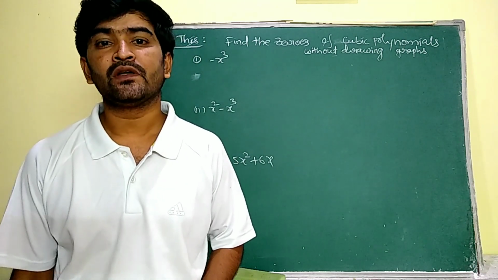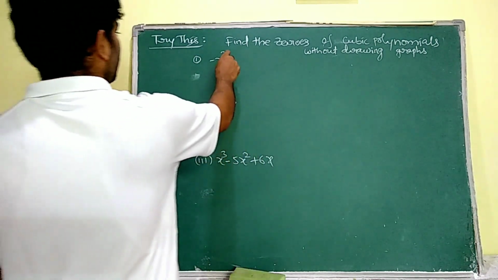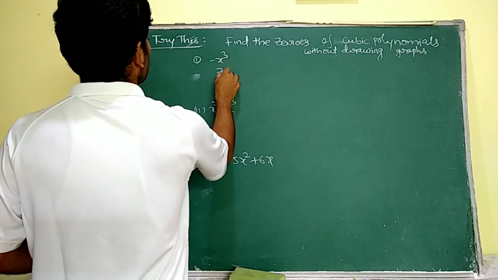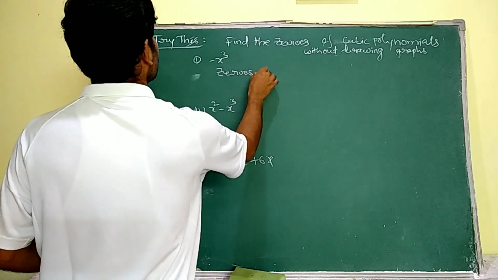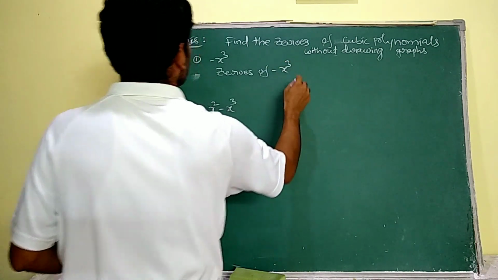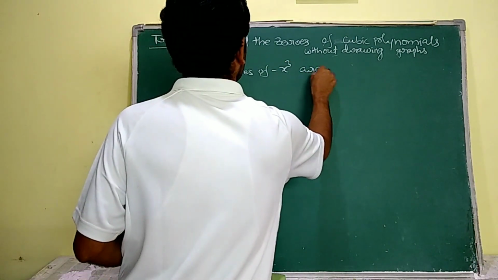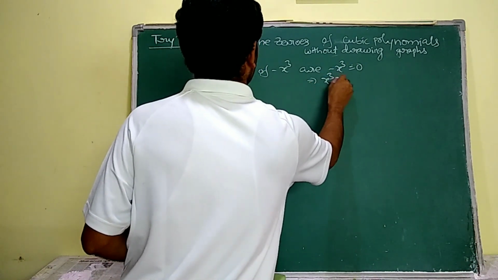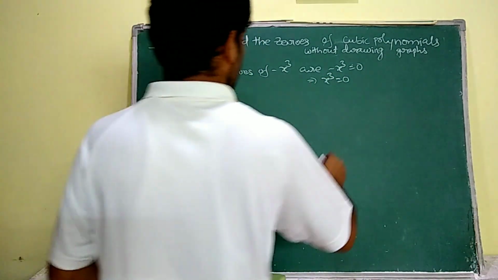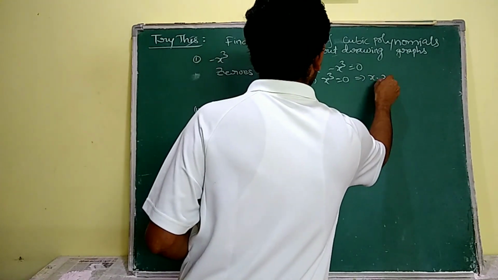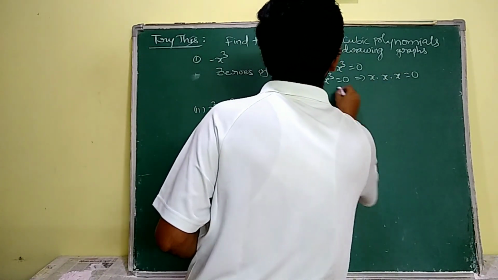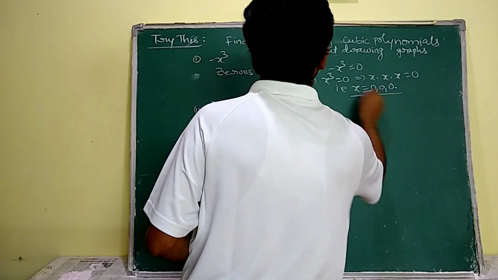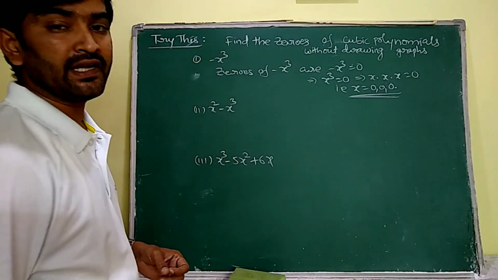So firstly, zeros of minus x cube: minus x cube is equal to 0. That implies x cube is equal to 0, which means x into x into x is equal to 0. That is x is equal to 0, 0, 0. This has three equal zeros.